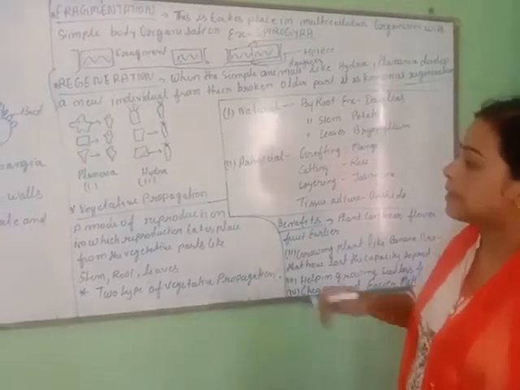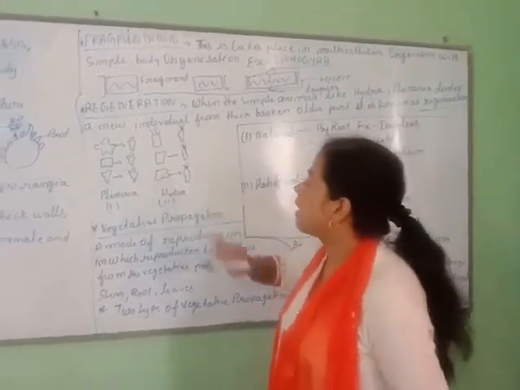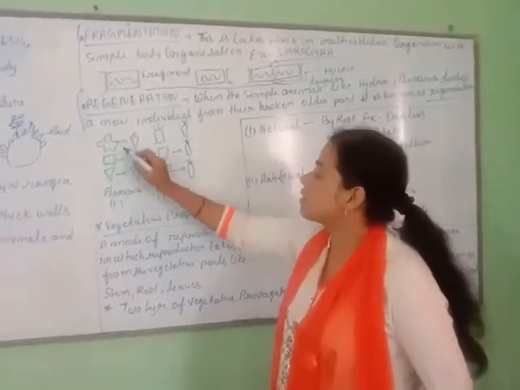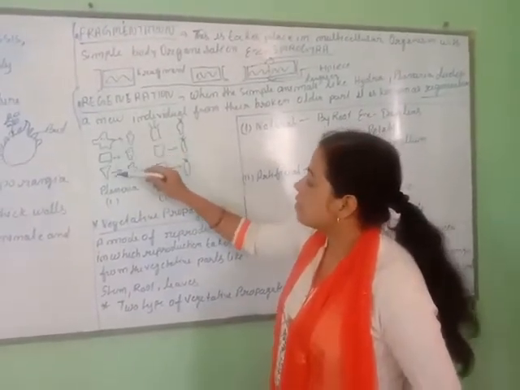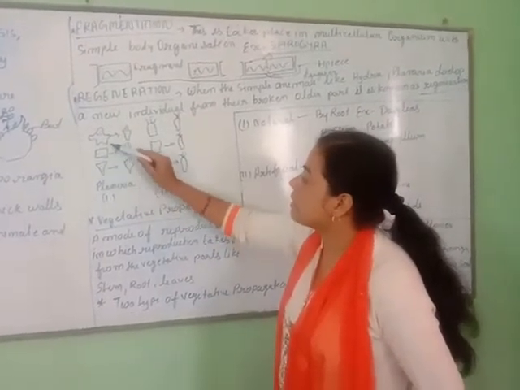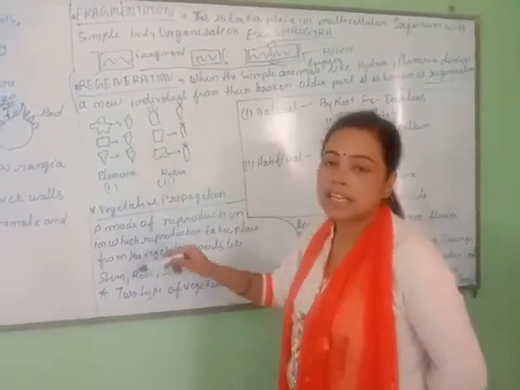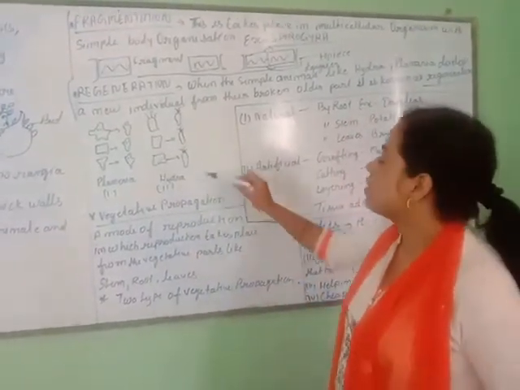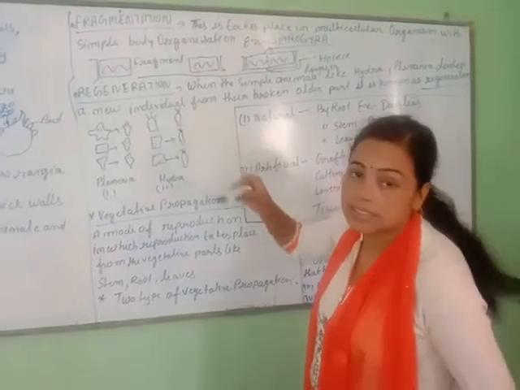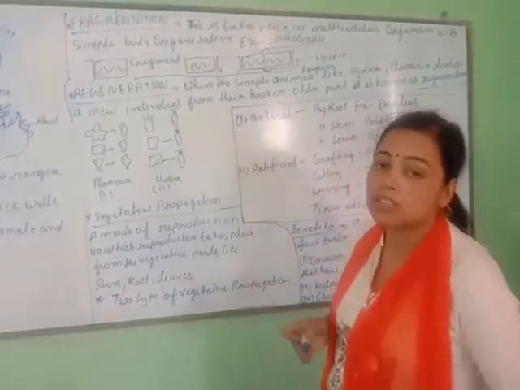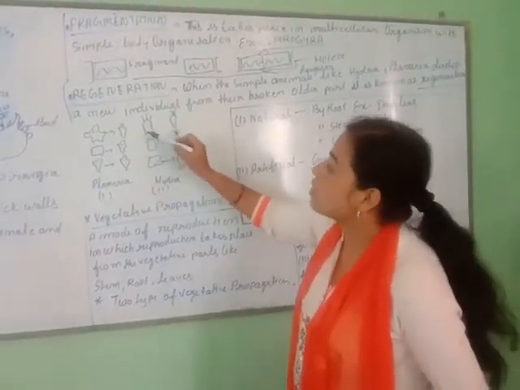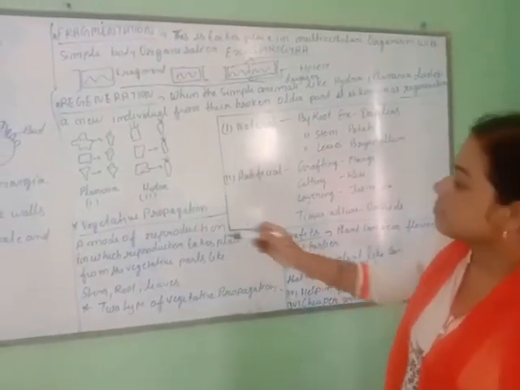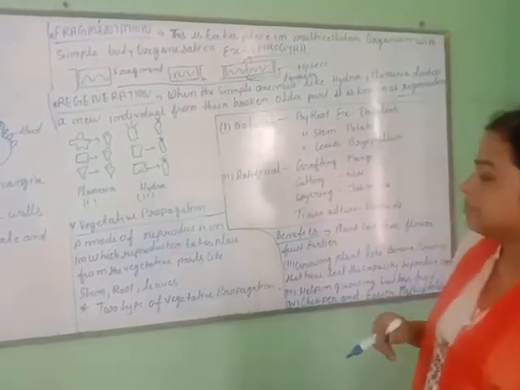This happens in Planaria and Hydra. Just see the structure of Planaria or Hydra. In the first figure, Planaria is divided into 3 parts, and these 3 parts grow into 3 new individuals. Hydra also divides into parts and makes new individuals.